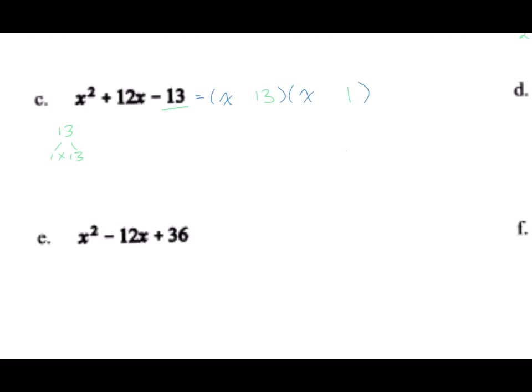Now, in order to get positive 12, we need to have positive 13 and minus 1. That's because the minus 13 must have one negative number and one positive number. And we just have to mix and match until we get the right result.